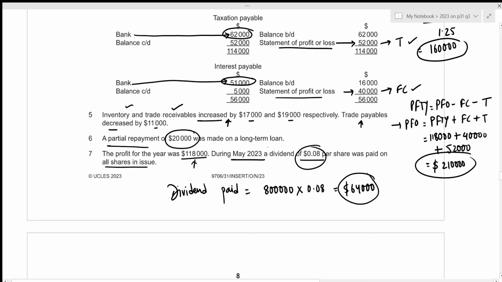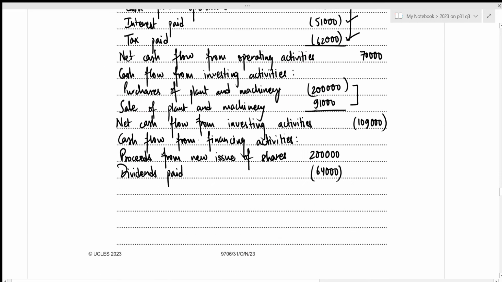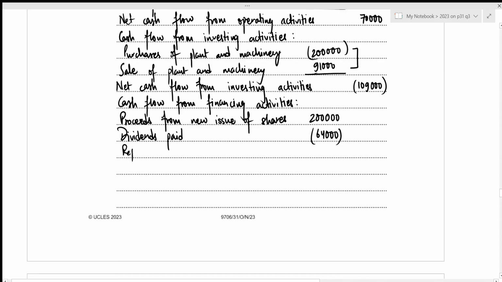We already concluded that this will act as a cash outflow, so we'll be subtracting this amount. This is the repayment of loan of 20,000. That will be all for this section. So we can now calculate the net cash flow from financing activities.